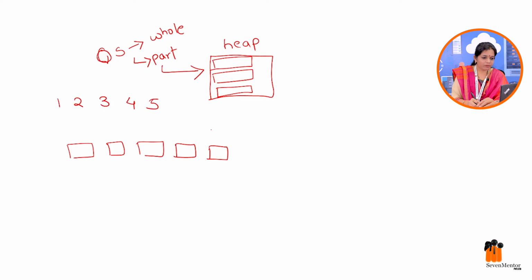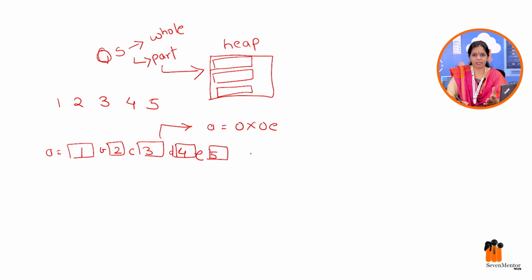So when we write A is equal to, B is equal to, C is equal to, D is equal to, and E is equal to, we write 1, 2, 3, 4 and 5. This is at the user end, but at the hardware level, A is equal to, it is the address. I am just writing an example, okay. The memory address can be anything taken by the operating system or the heap memory management.